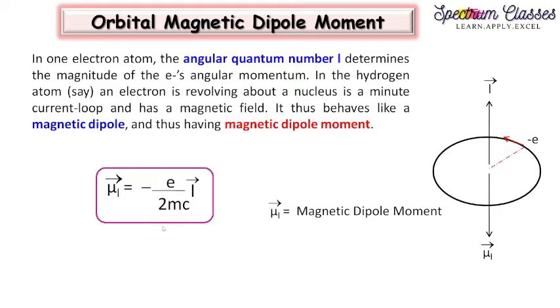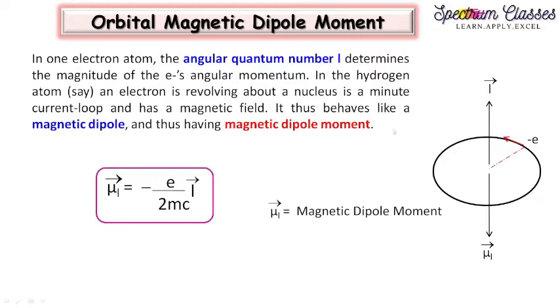I am not going to prove this relation. So mu L, that is the magnetic dipole moment, is equal to minus e upon 2mc into vector L. Here the minus sign is because an electron has negative charge, and because of this negative charge, this mu L has the opposite direction to this vector L. In this figure I have shown it: this orbital angular momentum is in this direction, so our magnetic dipole moment is in the opposite direction.